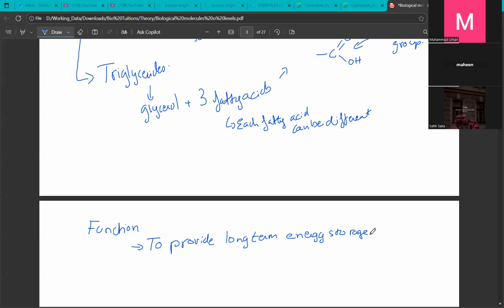So the reason your body gets used to the routine is your body has realized that it won't get food at this time, so it starts using fats. And it starts burning fat to give you energy. So that's long-term storage. It's not the first priority that your body uses to give you energy because it takes some time to break down fats. तो उसको prefer नहीं करता. But it stores it when there's nothing else available.